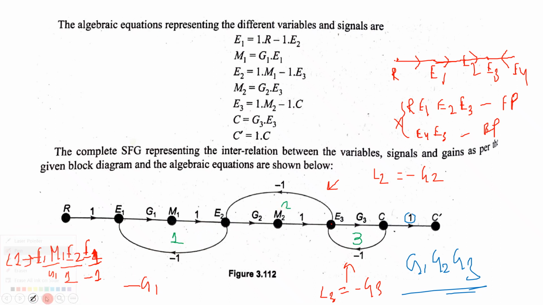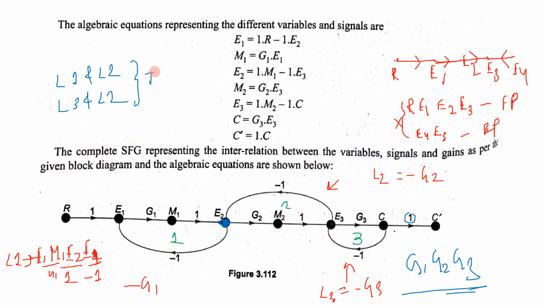So 3 loops are there, loop 1, 2, 3. Now, loop 1 starts from E1, M1, E2 and again E1, and the second loop starts from E2, M2, E3 and again E2. So this is a common node. That means if two loops have a node in common, they are touching. So loop 1 and loop 2 are touching.